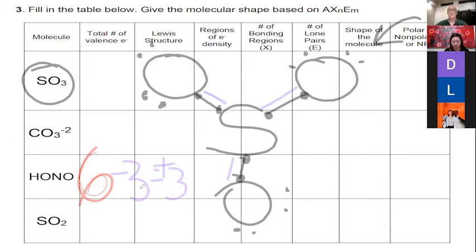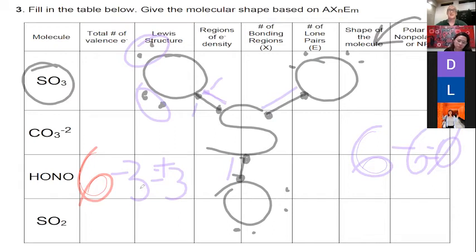So now, what's the charge on the oxygens? Let's calculate it. It should have 6 valence electrons. Well, let's count them. 2, 4, 5, 6. So the charge on the oxygens is now 0. So there's no charge on the oxygens.